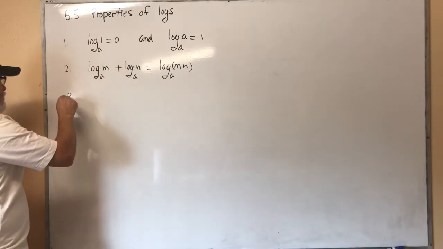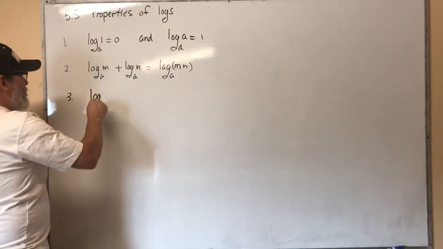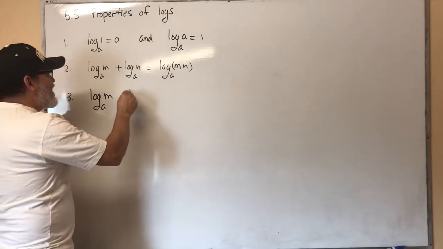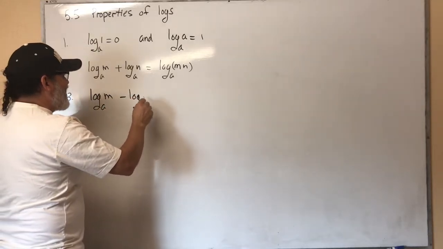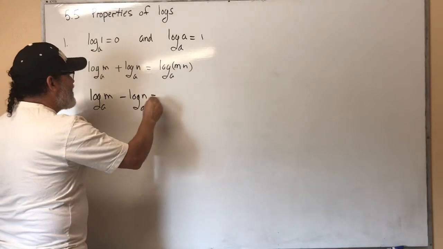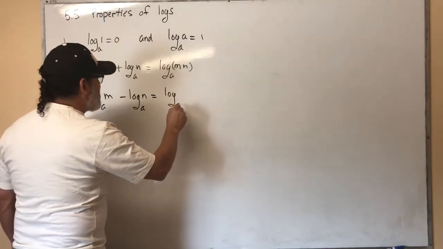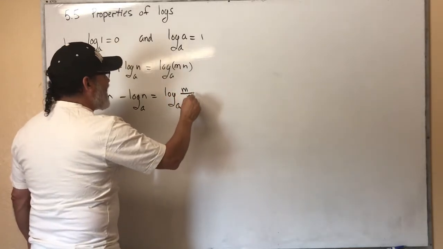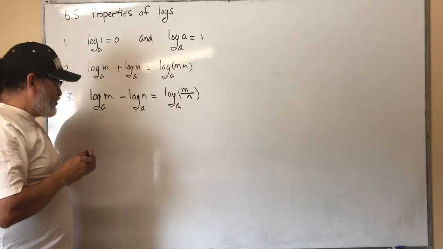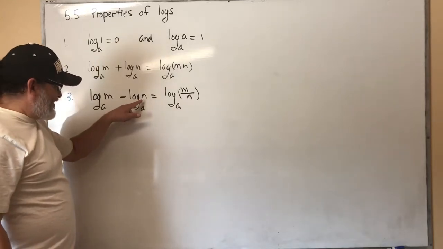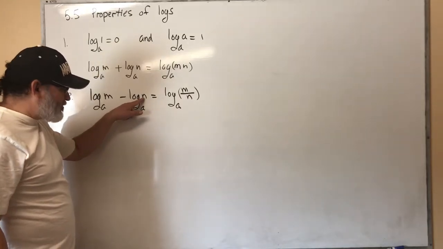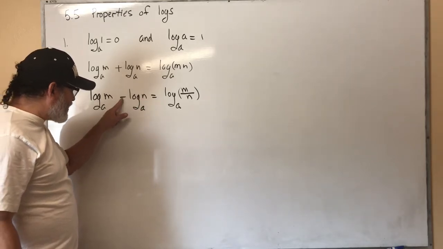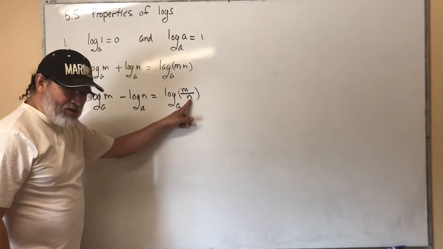Number 3. Log base A of M minus log base A of N equals the log base A of M divided by N. Note, the argument of the log that's being subtracted is in the denominator.